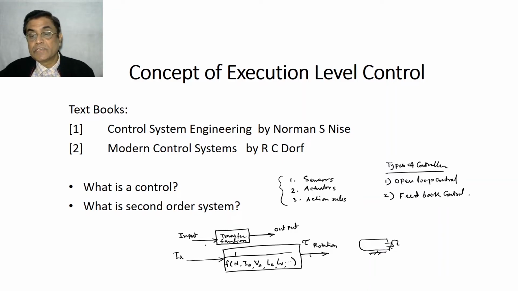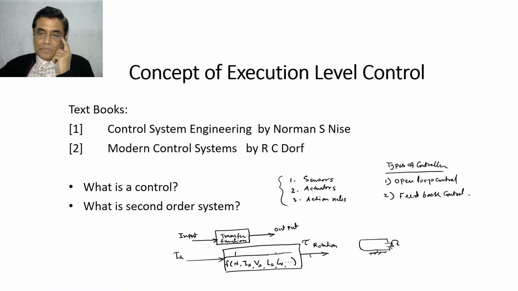That means which parameter I should use for running my motor when I apply a control strategy is very important. It turns out that armature current is very easy to control, that's why I have written armature current here.